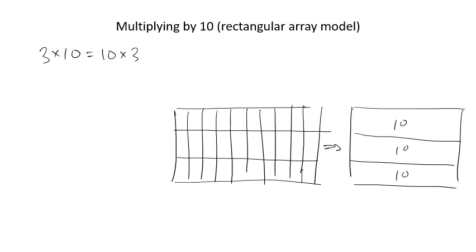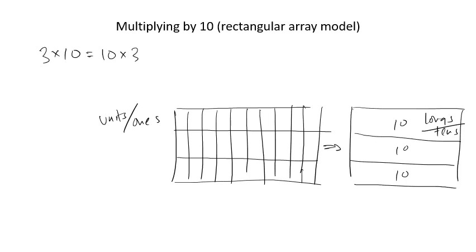When we're multiplying by 10, what we're effectively doing is taking every piece and trading it up to the next size piece. So these ones, or these units, get traded into these longs or tens. And the same thing would apply if we had tens, they would get traded up into hundreds, and the hundreds would get traded up into thousands.